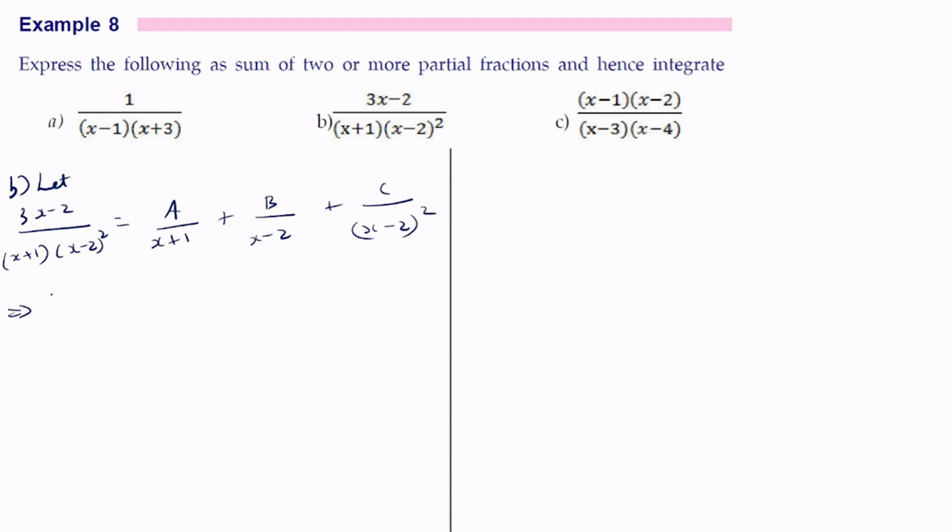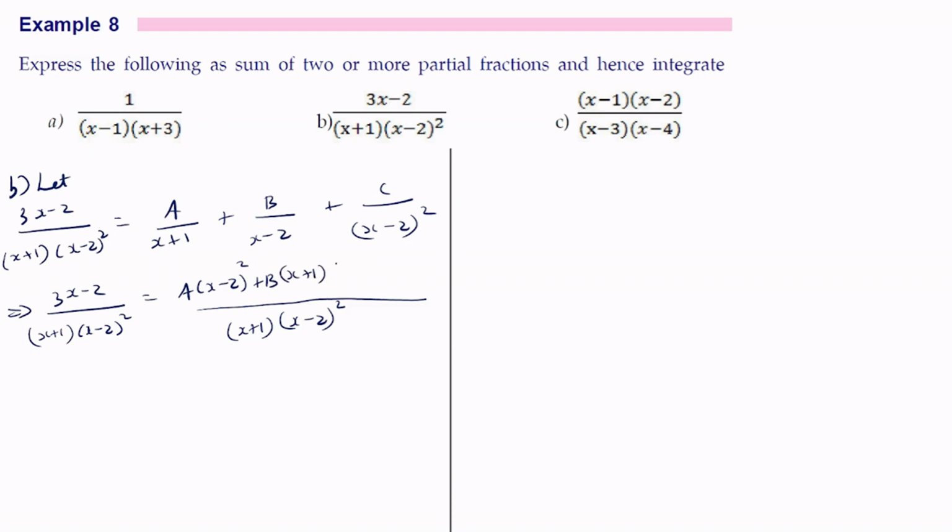So from this we get (3x - 2)/((x + 1)(x - 2)²) equal to, here the LCM will be (x + 1)(x - 2)². Here we will have A(x - 2)² + B(x + 1)(x - 2) + C(x + 1). So here the denominator will go.